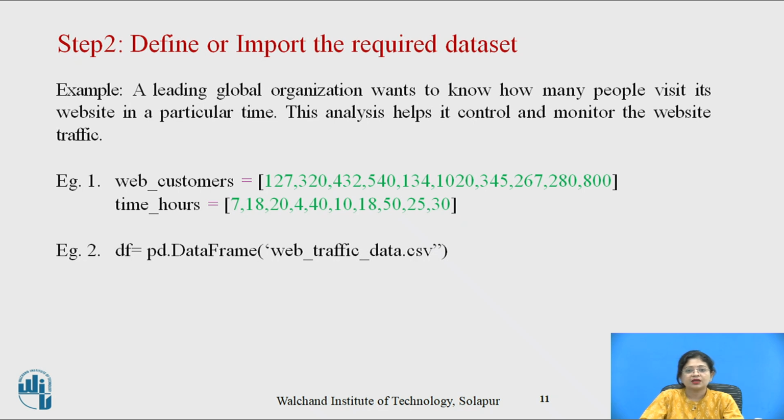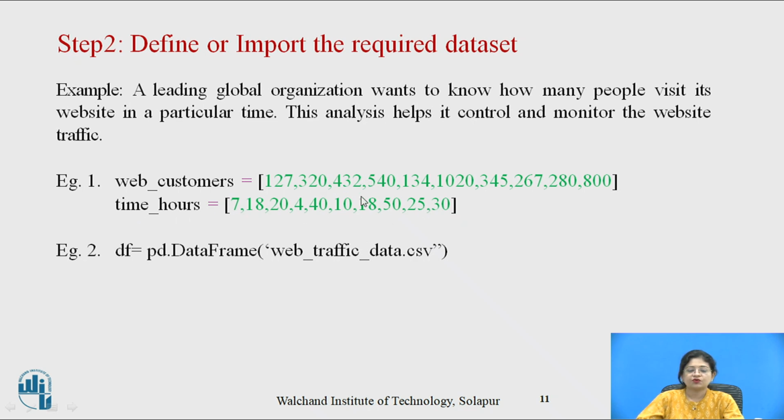Here by using 2 ways we can import the data set. The first, example 1, is what? Look at here. Here I have defined the data for web customers. So, these many web customers and these many web customers access the net at this time.